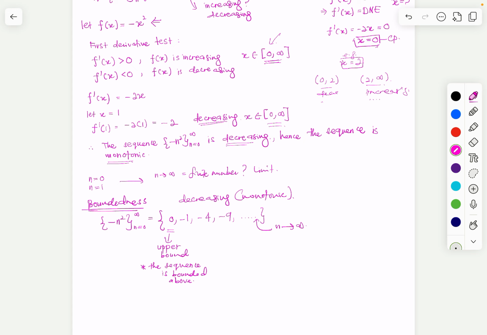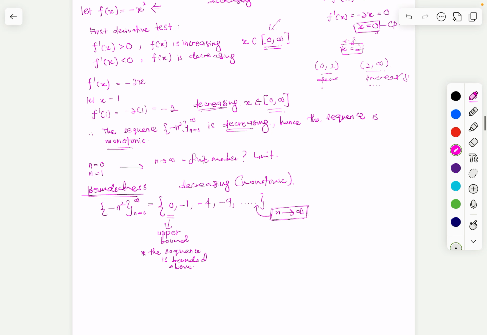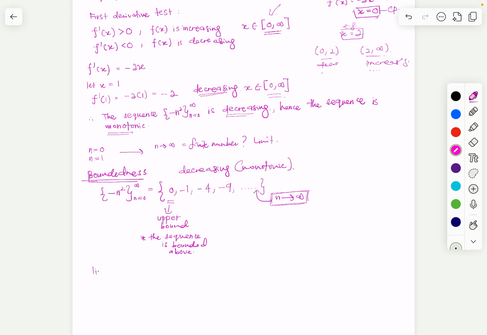But then you need to check: does it have a lower bound? To check the lower bound, it is for the case when n goes to infinity. Since it is the case of n going to infinity, you need to apply the limit. So let us find the limit of the sequence negative n squared, as n approaches infinity.